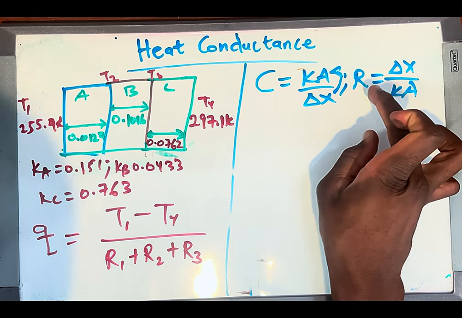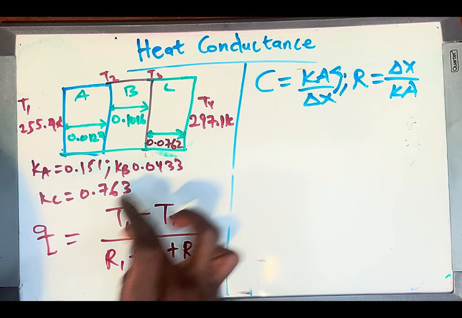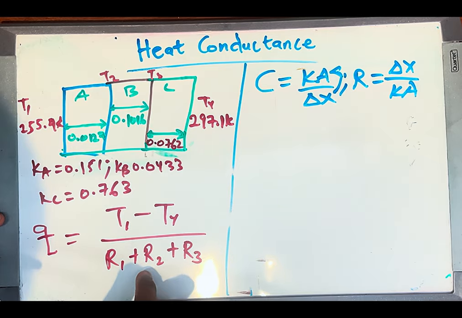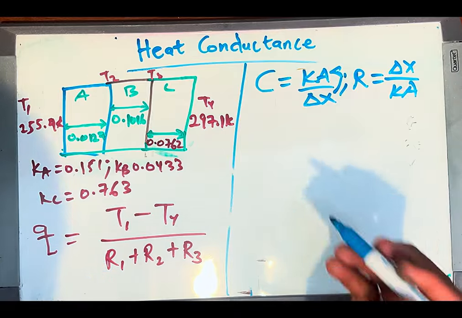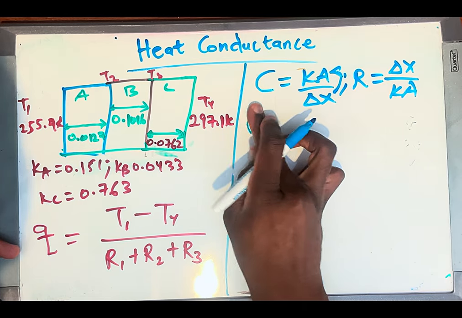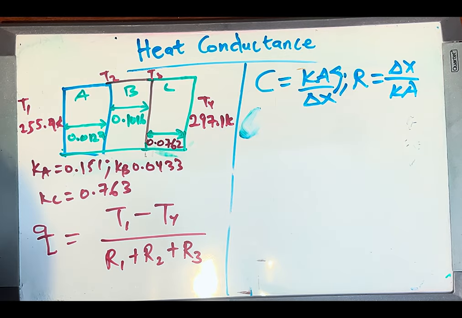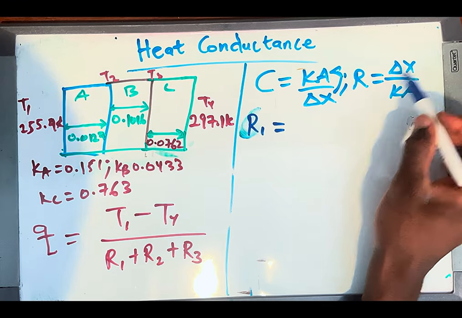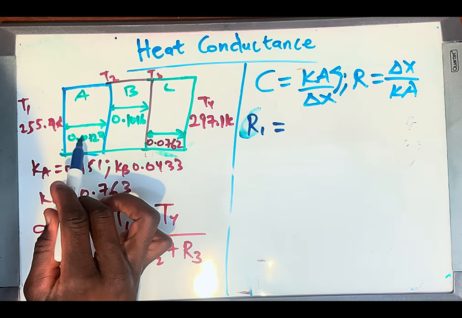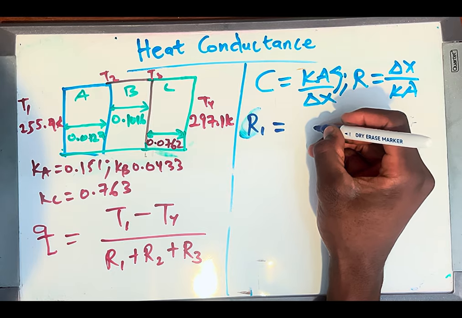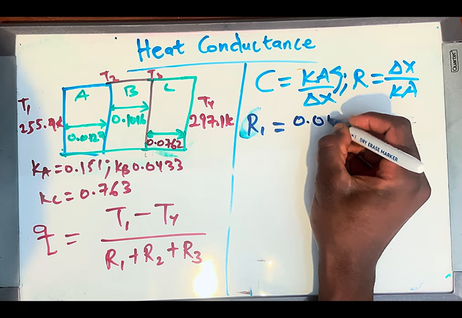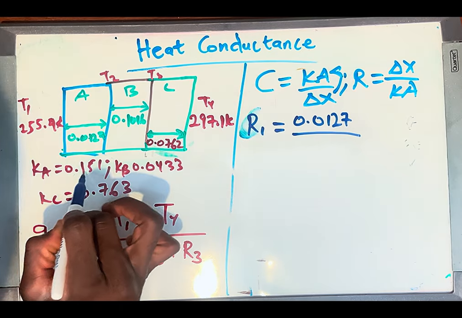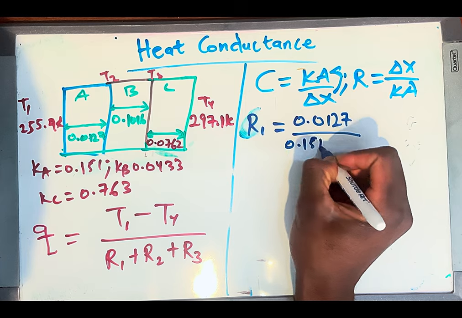Now that we know the formula for resistance, let's use this to calculate the resistance of material A, B, and then C, so that we just fix this into the equation and then calculate for Q, right? Let's do that. We will get our R1, the first resistance, to be delta X1, the first thickness, which is 0.0127, all over K, the thermal conductivity of the first material, which is 0.151, times the area.